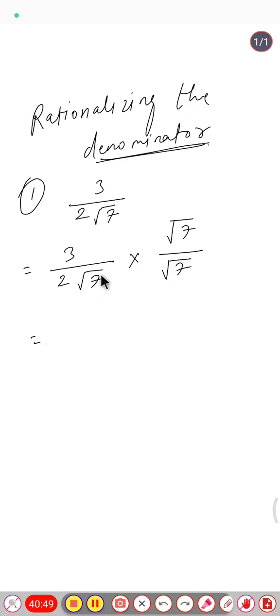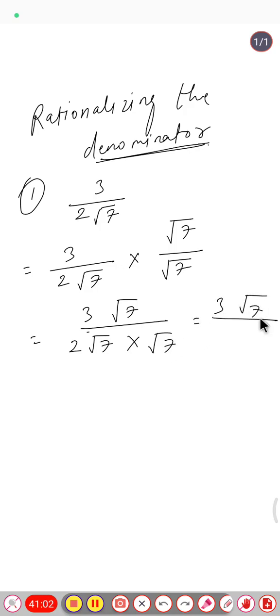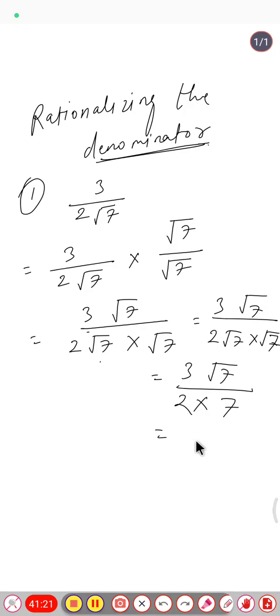Just multiplying, the numerator becomes 3 root 7. Similarly, the denominator is 2 root 7 into root 7. So we get 3 root 7 upon 2 into root 7 into root 7, which is 7, so 3 root 7 upon 14.